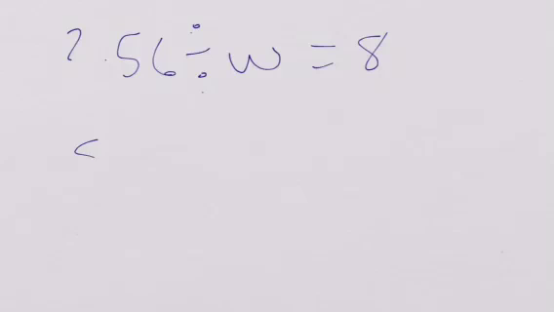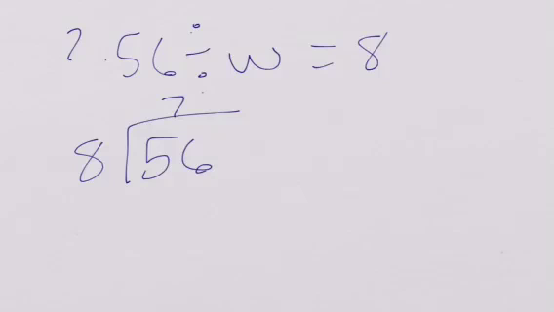And on number 7, we have 56 divided by w equals 8. We need to figure out what we're missing. So what would fit for the w? We could divide 56 by 8. That's going to be 7.